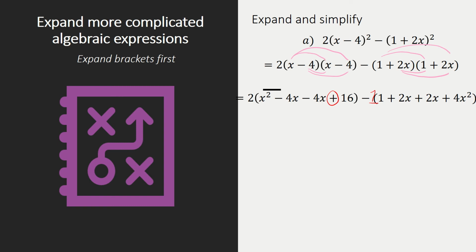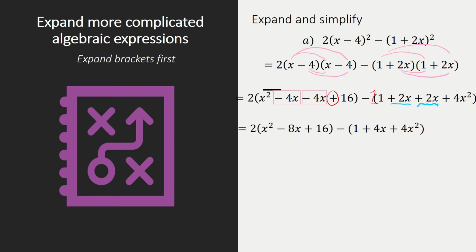Before you multiply out of brackets again, you can make it less complicated for yourself by first simplifying everything within the brackets. We can see that 4x and minus 4x are like terms in one set of brackets, and in the other set of brackets we get 2x plus 2x.